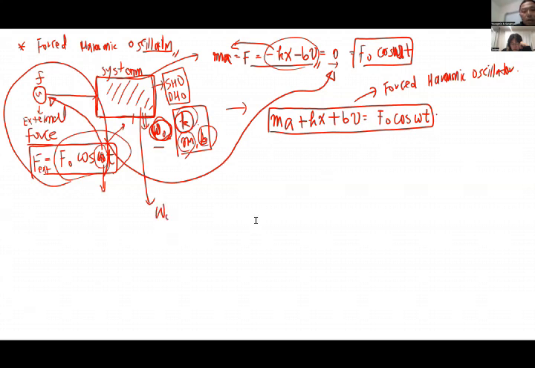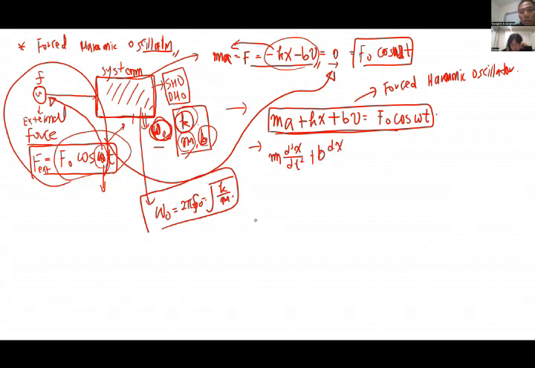Omega naught, as I already showed you, is a function of two basic parameters, square root of k over m, in case you don't have a damping term, but that is different from the omega of the external force. If you re-express this harmonic oscillator equation, it should be m d2x over dt squared plus b dx over dt plus kx equals F naught cosine omega t.